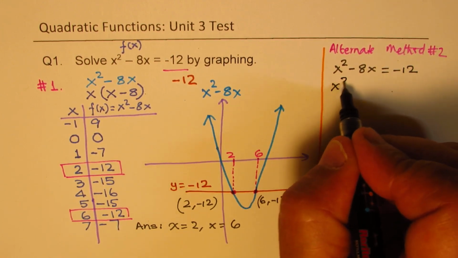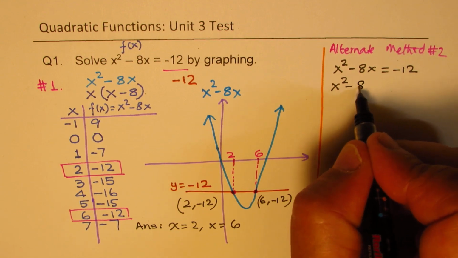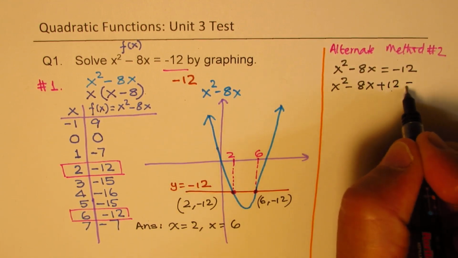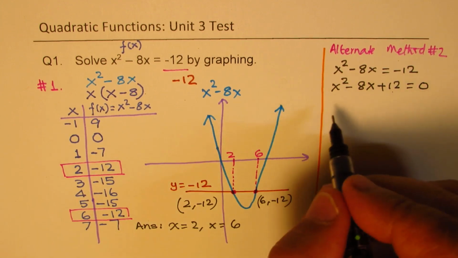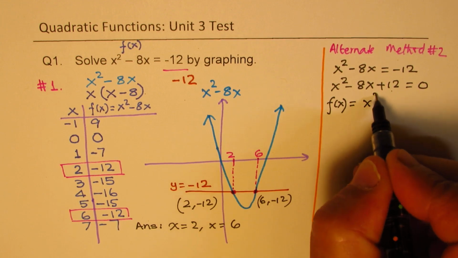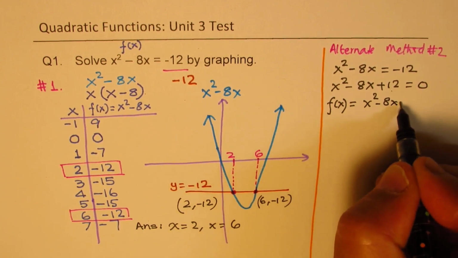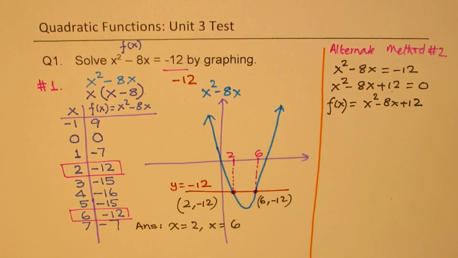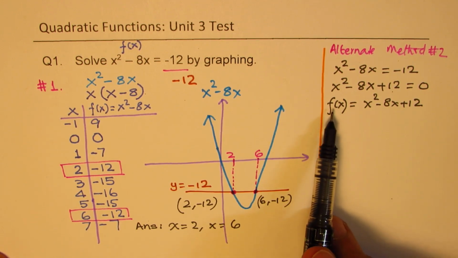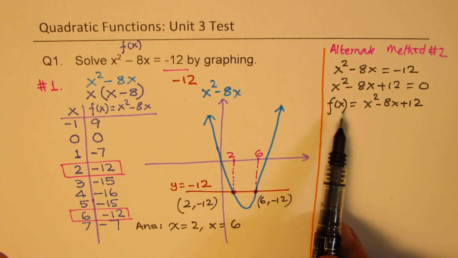We could bring all the terms together, and we get x squared minus 8x plus 12 equals 0. So what we will do here is graph the function f of x equals x squared minus 8x plus 12, correct?